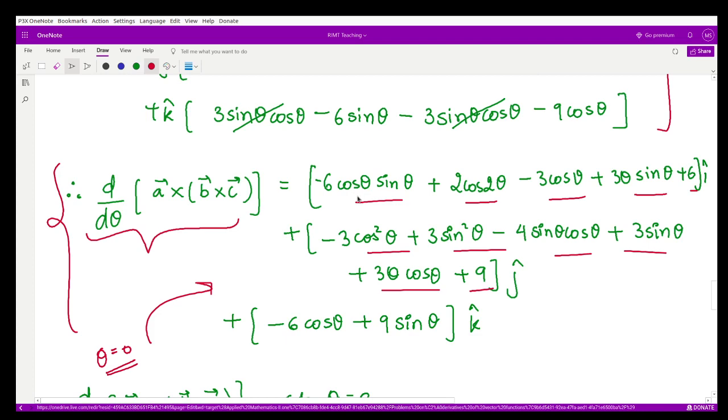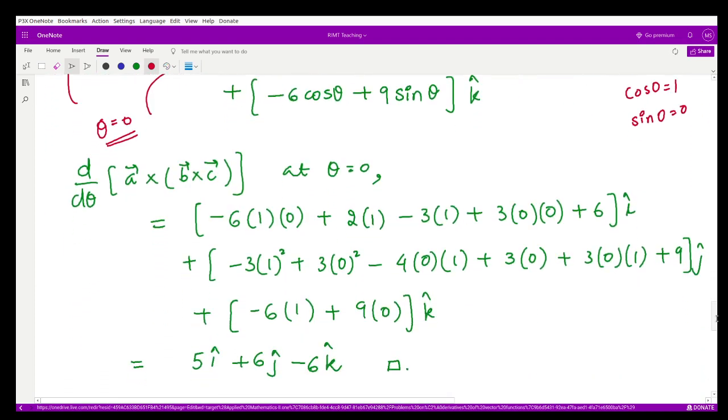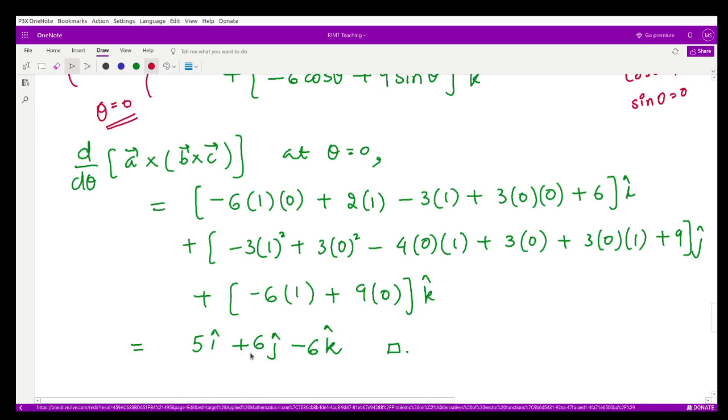So cos theta would become cos of 0, which is equal to 1, and sine of 0 is equal to 0. So this term here becomes equal to 5i cap plus 6j cap minus 6k cap, and this is the answer that we were seeking. So I hope these problems are pretty clear to you.